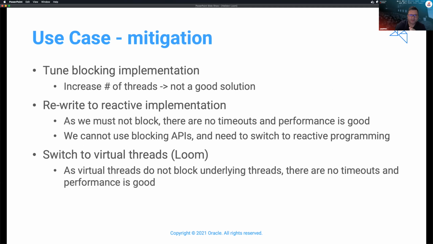So how do we mitigate this problem? In the normal blocking implementation, which is the history of the last 10, 15 years when we were doing stuff with application servers, you were tuning the blocking implementation. So you had to increase the number of threads, which eventually is not a good solution because you never know how many queries will come to the high performance application.